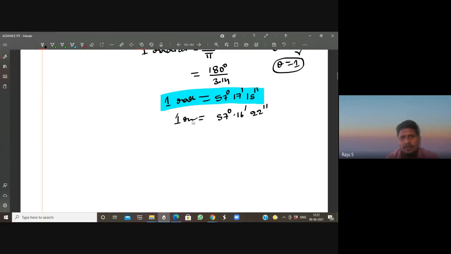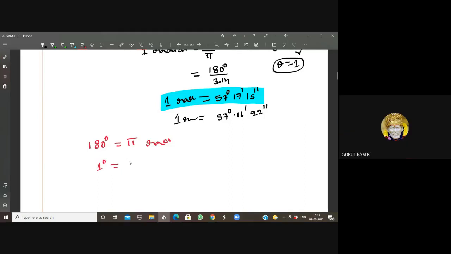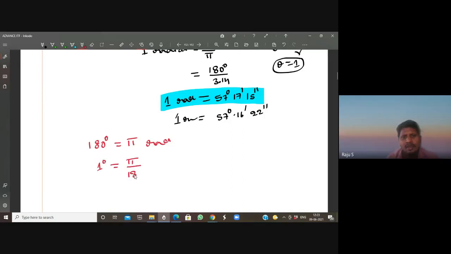Okay, this is 1 radian, and the next one is 1 degree is equal to what? Just now I wrote it. Okay, radians we converted into degrees. Next, 180 degrees is equal to, we know, pi radians. Am I right? 1 degree is equal to pi by 180.